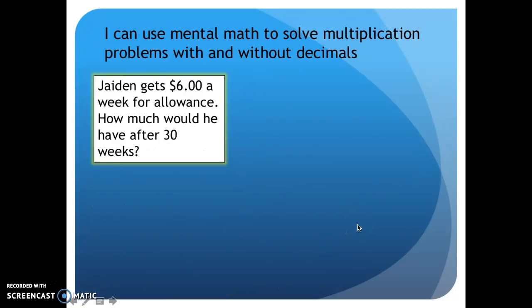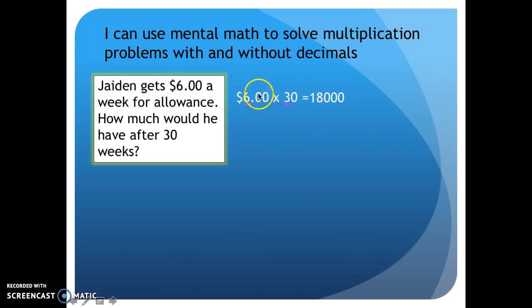All right, so Jaden gets $6 a week for allowance. How much would he have after 30 weeks? Now, we have our $6 times 30 weeks. Now before, this was a 1, so we were only adding a 0 or moving our decimal, but since we have a multiple of 10, in this case 30, we're going to take that 3 times 6, which is 18.